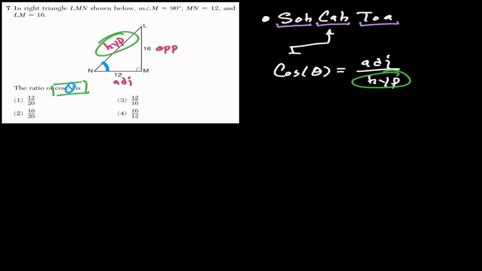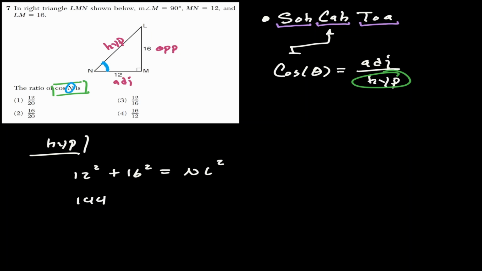So let's find that. The good thing is that we're working with a right triangle, so we can use the Pythagorean theorem to find the hypotenuse. We're going to get 12 squared plus 16 squared equal to the hypotenuse, let me call that NL, squared. 12 squared is 144, and 16 squared is 256, and that is equal to NL squared.